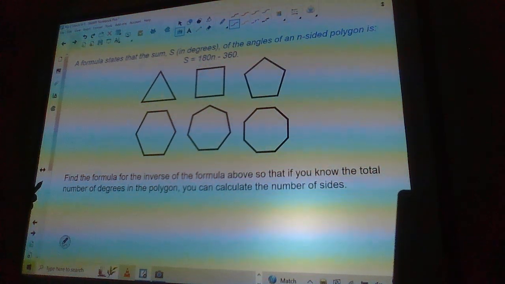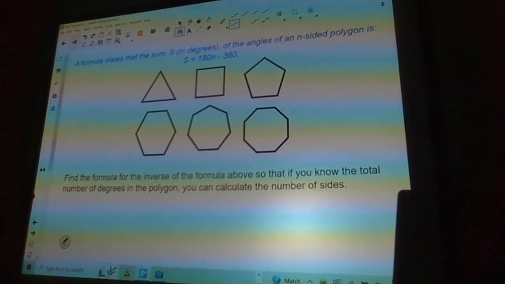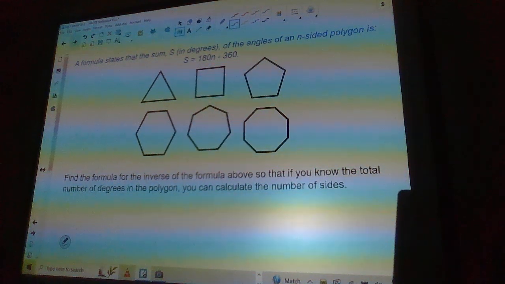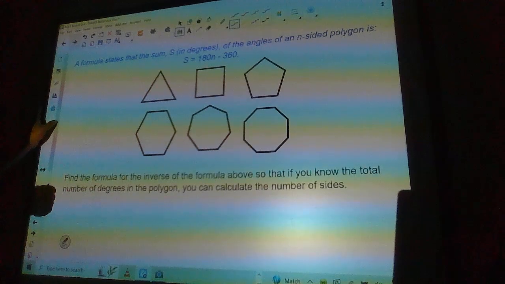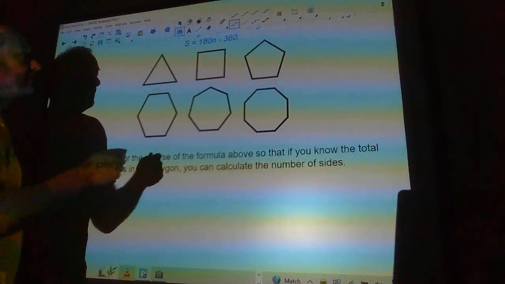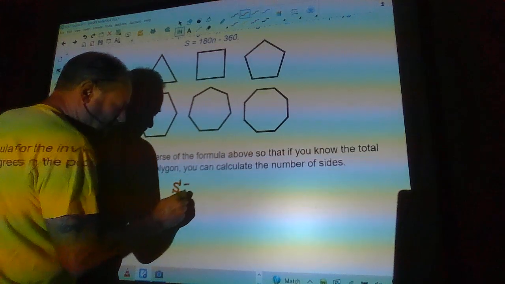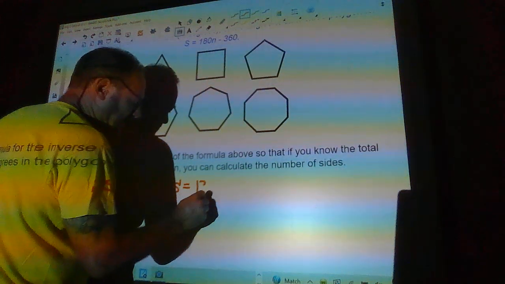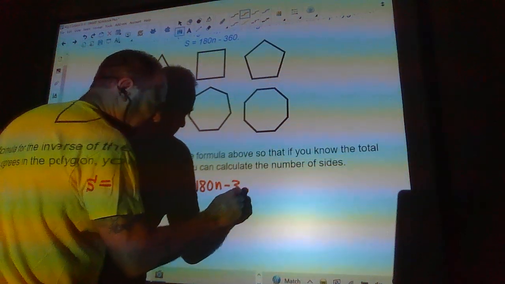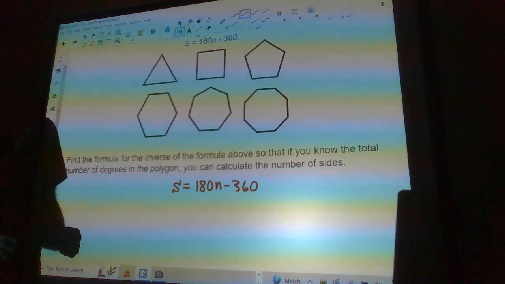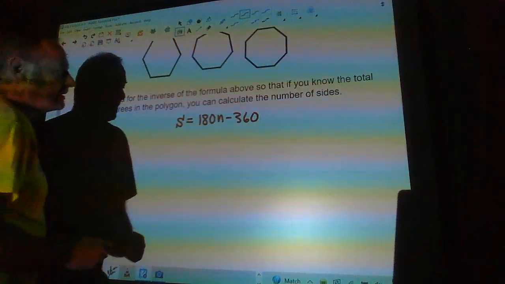So what if I want a formula that will tell me, if I know the total number of degrees, the number of sides? All I'm going to do is take this function here, S equals 180n minus 360, and solve for n.